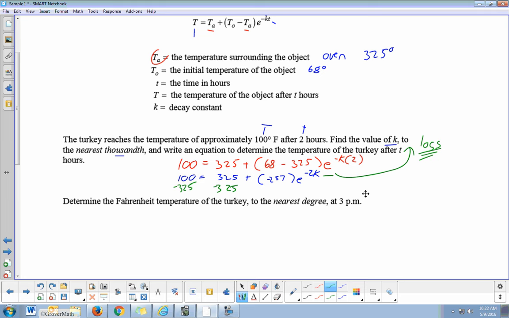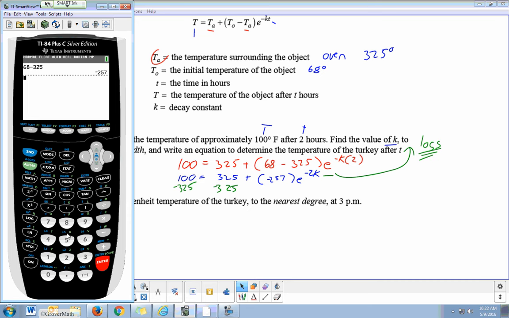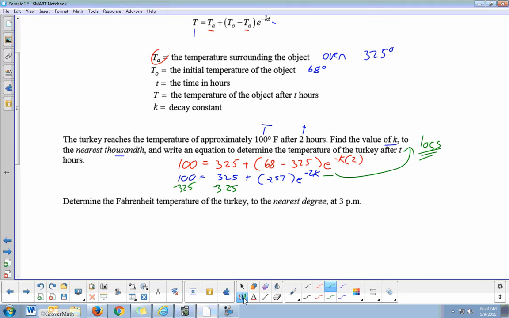And they're not giving me nearly enough space in here to do this question, but I'll try to cram it in where I can. So first, 100 minus 325 is negative 225. Let me write that next step over here. Negative 225 equals negative 257 times e to the negative 2k. And then lastly, this negative 257 is a coefficient of the base.